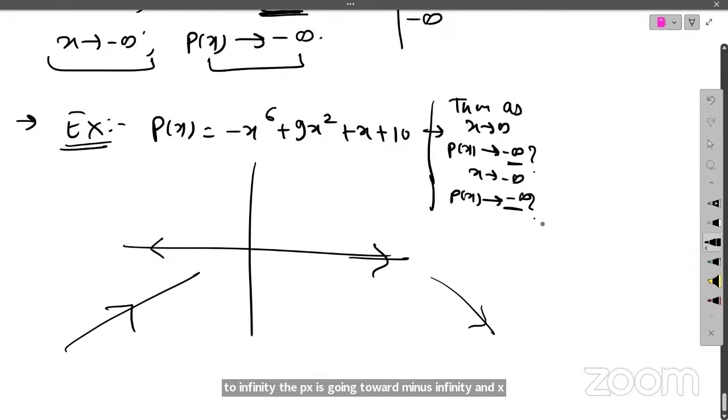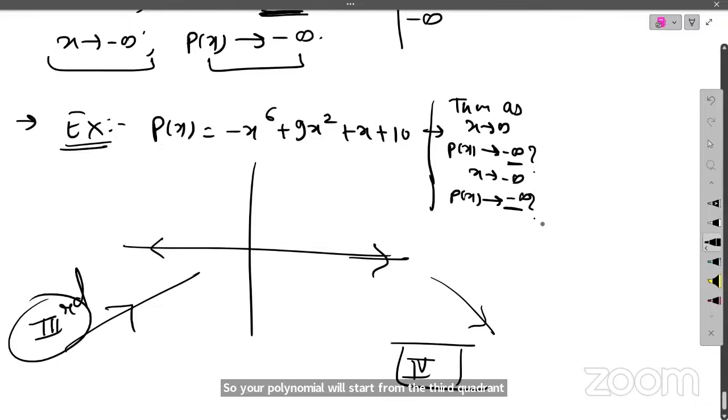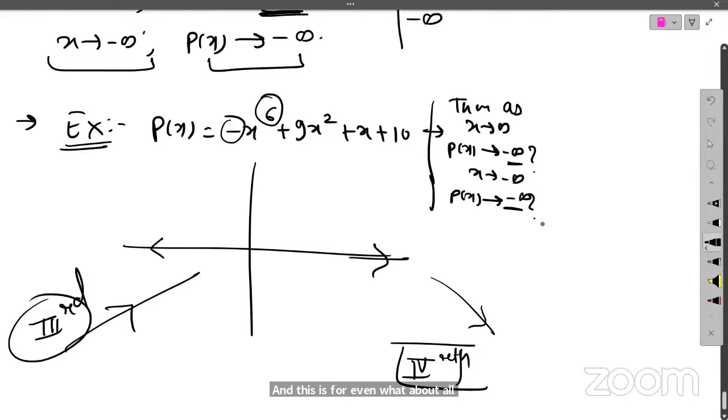So your polynomial will start from the third quadrant and end up in the fourth quadrant. This way you can judge where to start your polynomial. This is for even degree and negative coefficient.